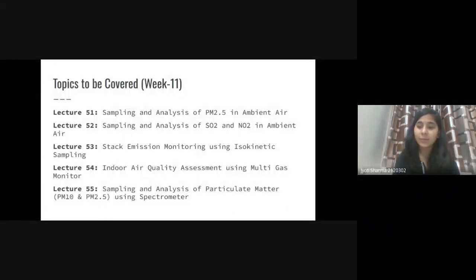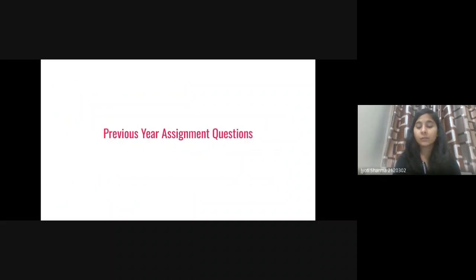And in spite of the chemical method, we have different methods to calculate particulate matter, and even sulfur dioxide and nitrogen dioxide, using machines through which we can have these values within a minute or within a second. We will talk about that as well. Initially, I have the previous year's assignment questions. We will solve them topic wise, and then we will start with the lectures.